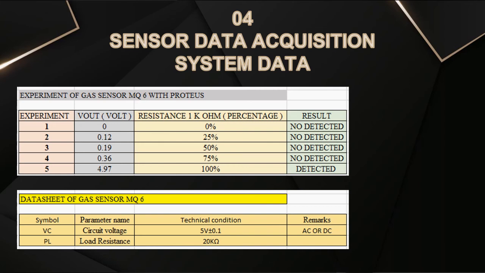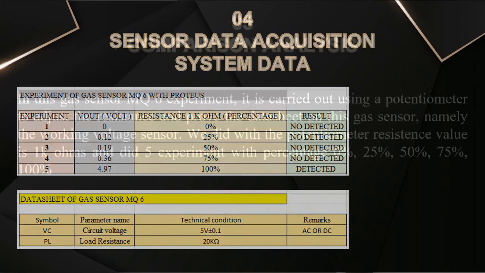And experiment 5: Vout is 4.97 and the percentage of resistance 1 kilo ohm is 100%, the result is gas detected.